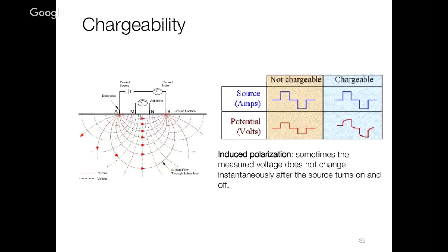If the Earth is chargeable, then little pieces of the Earth actually act like microcapacitors. That means charge builds up, and the result is that the electric potential changes. And so you see this kind of kick here. That turns out to be important information. Perhaps of all the techniques of the last 25 years, this one has been key in finding any kind of mineral deposit, especially sulfides.